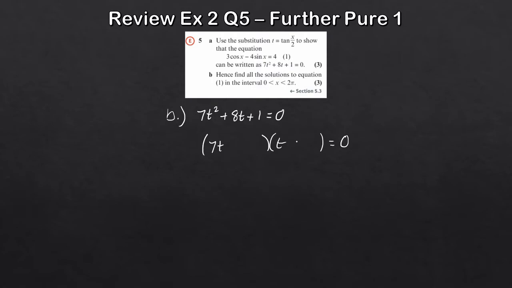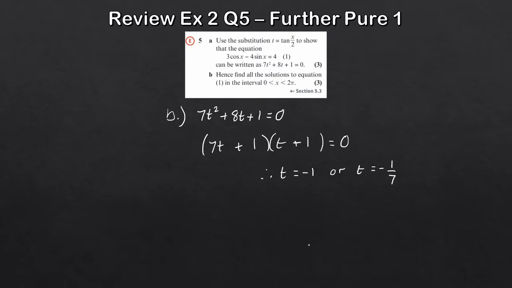Well, the first thing that jumps out here is I need 7t times 1. Both of these are going to be plus 1 anyway, right? Because it needs to times to give us 1. So the only way of doing that is just 1 times 1. So there we go. That gives us our factorised form. So what that actually means now is that t is either minus 1 or t is minus 1 over 7.